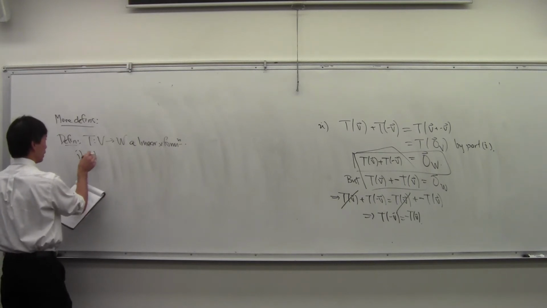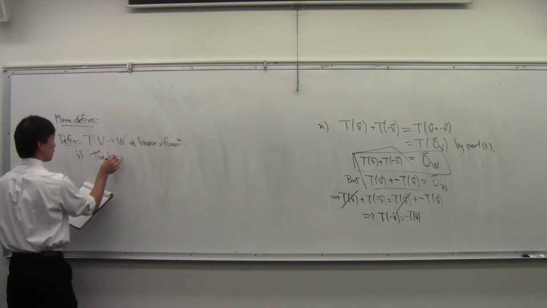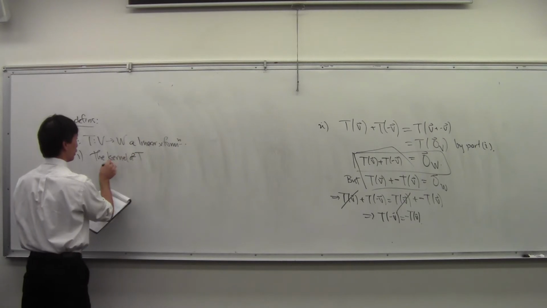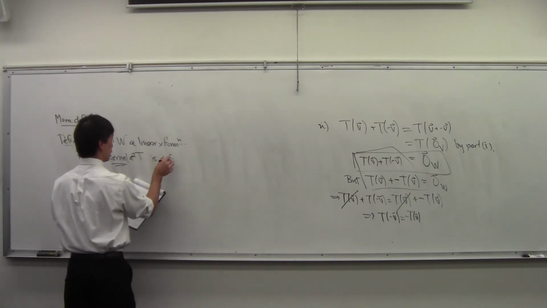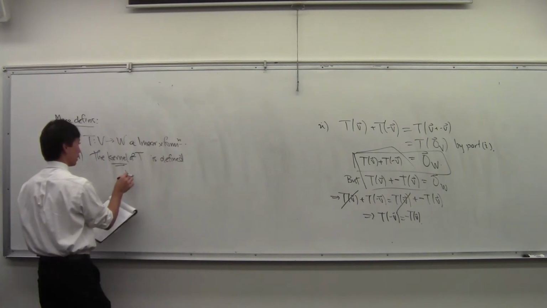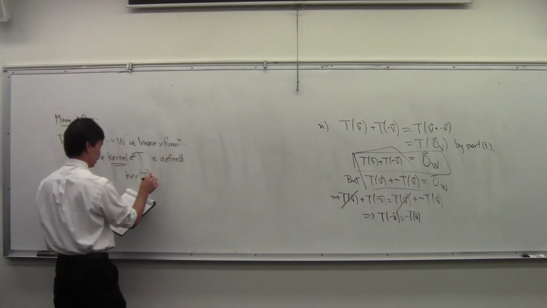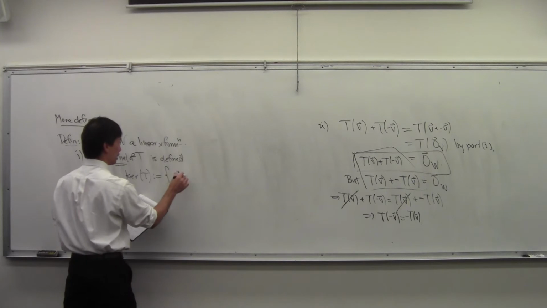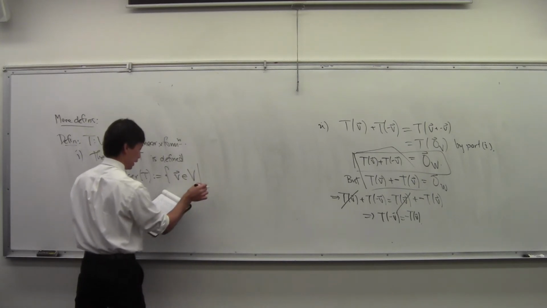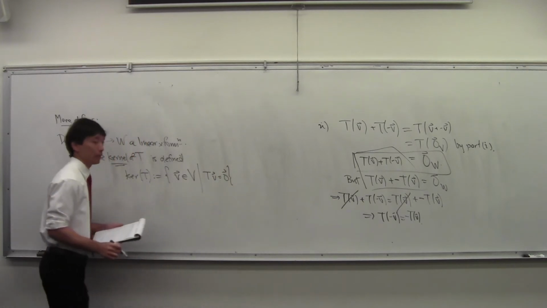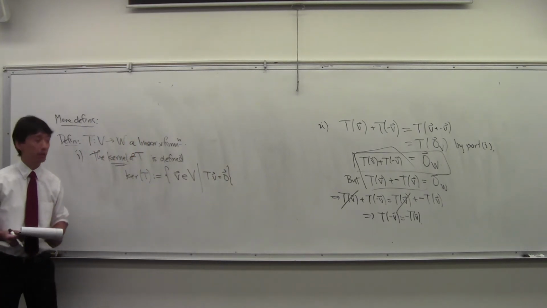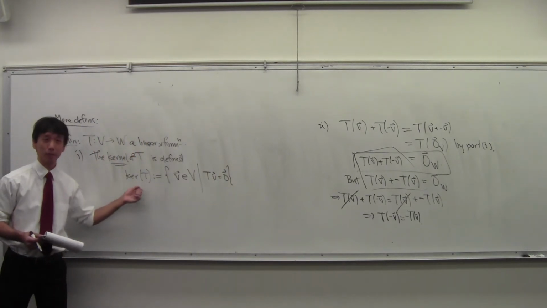We define the kernel of T. We notate it ker T. It's defined to be everything in the domain that T sends to 0. Everything in the domain that T annihilates.